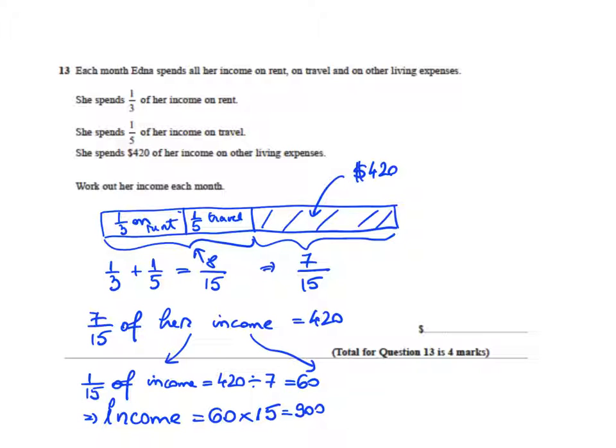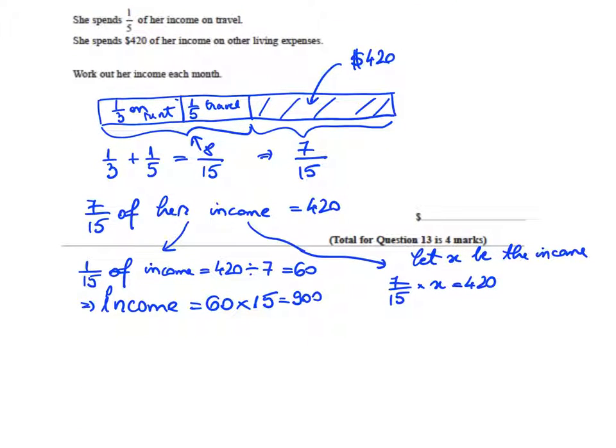The algebraic approach would be, if we call the income x, then 7/15 of x, and "of" represents times, is 420.